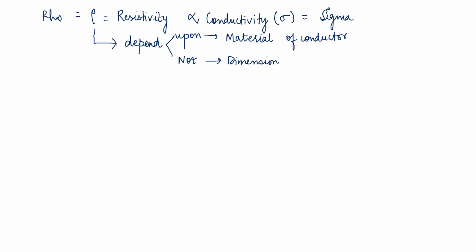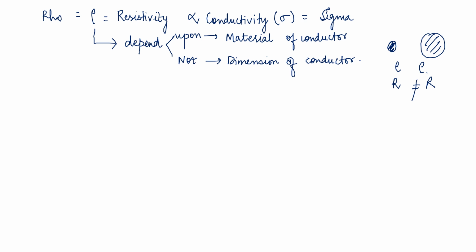Any dimension for a particular material will have the same resistivity. If you have this kind of conductor and this kind of conductor, both will have the same value of rho, but R will change in both the cases.